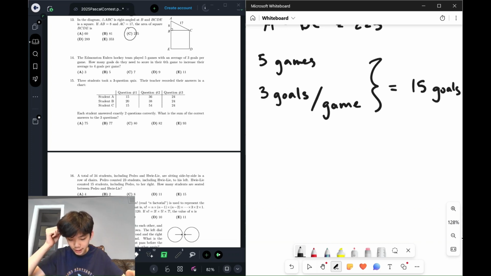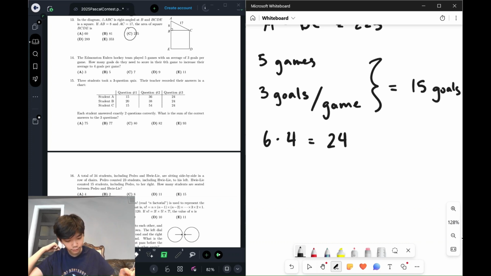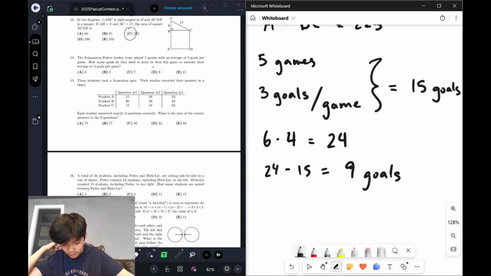If they want their average to increase to 4 goals per game in the 6th, then after that, they're going to need to have 6 times 4, which is going to be 24. Therefore, in the 6th game, they're going to have to score 24 minus 15, which is 9 goals. That's a lot of goals. So the answer here is D.